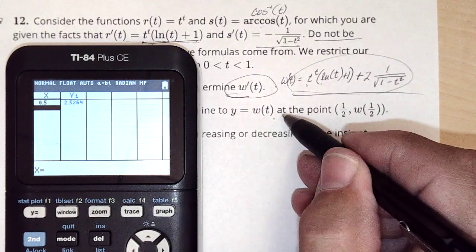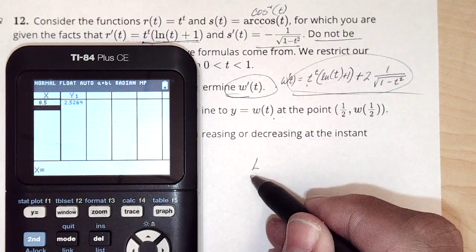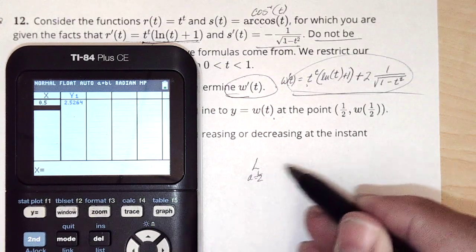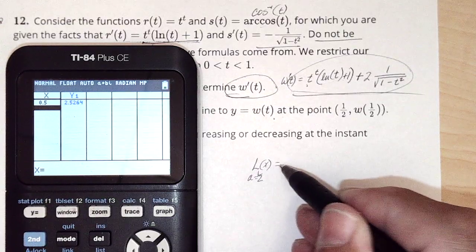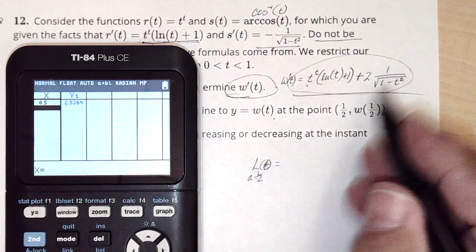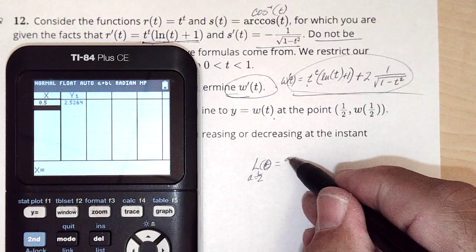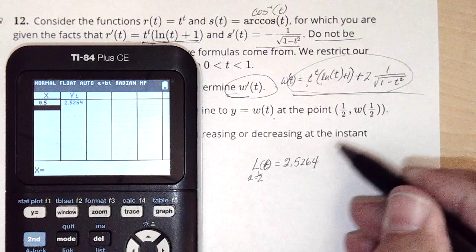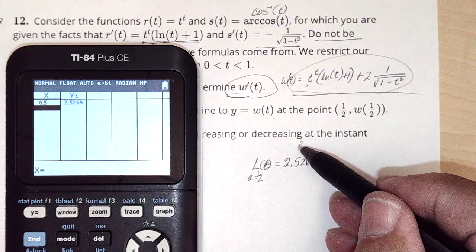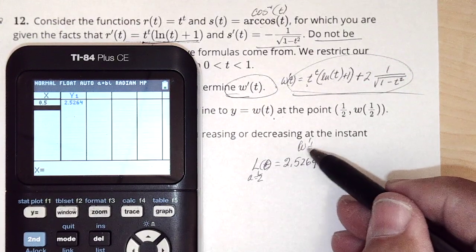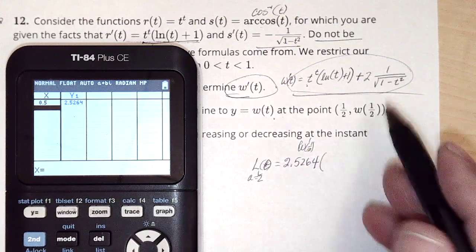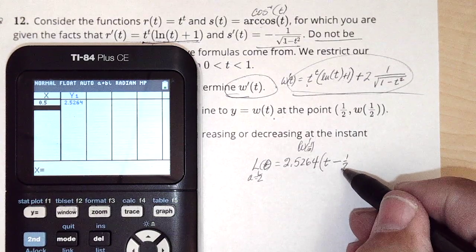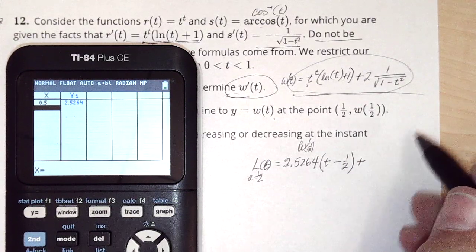So we have the equation of the tangent line at 1/2, and this I guess is in t, so it's going to be 2.5264. That's w prime of 1/2. The slope times t minus where we're doing this at, 1/2, plus the y value.